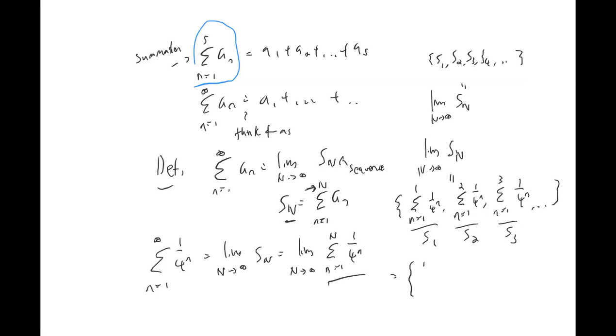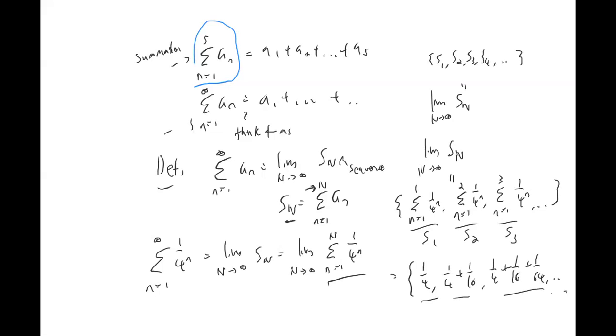Good. And then when I plug in 2, it's 1/4 plus 1 over 16. And when I sum to 3, it's just this, right? Dot, dot, dot. So you see all this infinite thing is just the limit of this sequence.